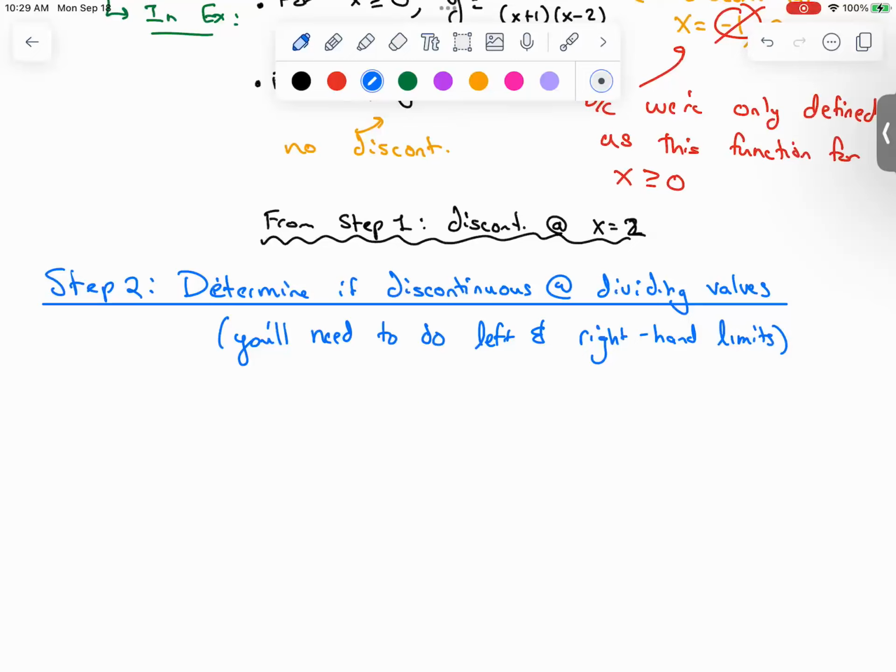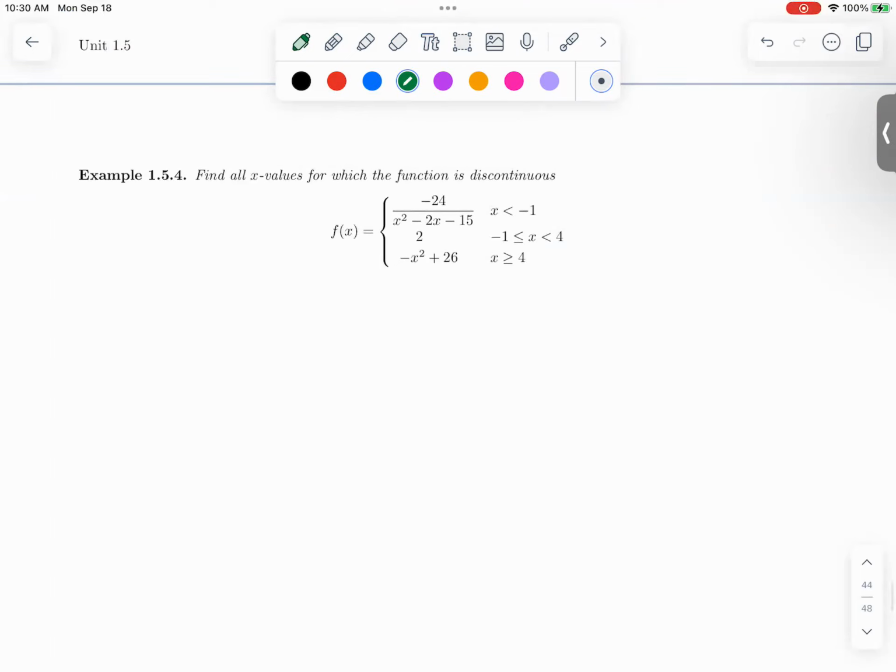So in the example, we have one dividing value, 0. That's our only dividing value, and they usually come in an odd number. In the next example, I don't know if I'll have time to do it.